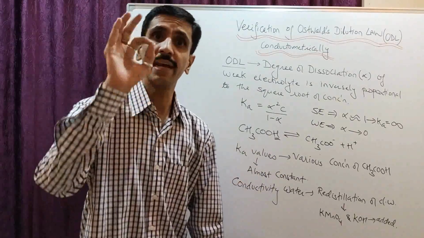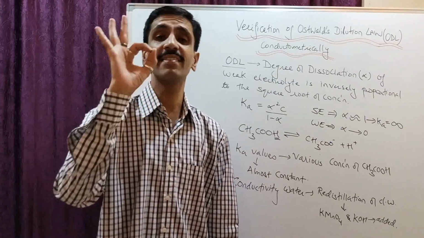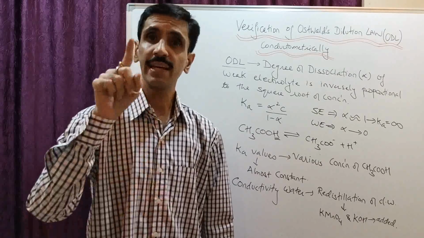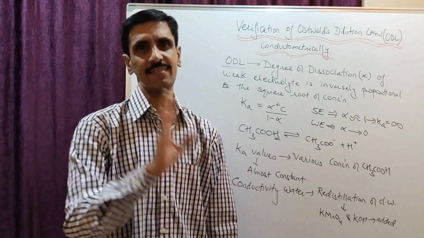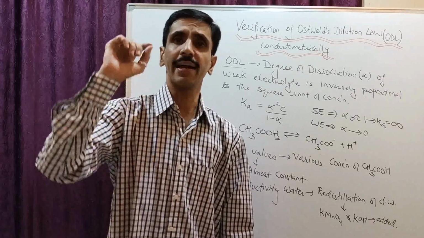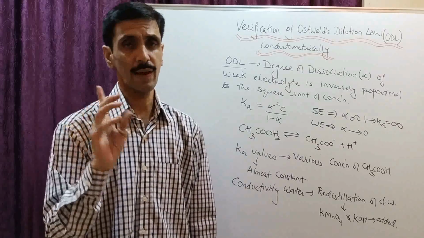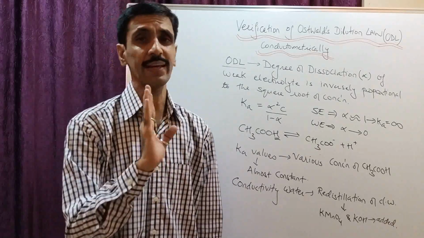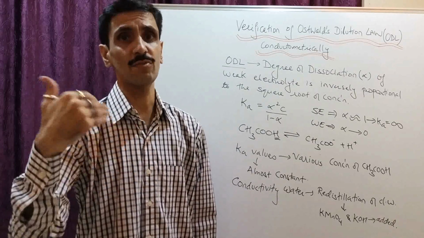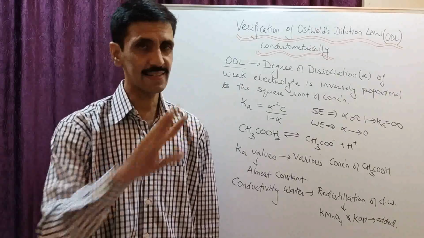But I never mean to say that in conductivity water it will be zero conductance. No, there will be, but the magnitude of that is very less. It will be of the order of 10 raised to minus 6, 10 raised to minus 7 Siemens. ये मैं आपको बताना चाहता हूँ. So please be very careful with this. Distilled water, of course, its contribution towards conductance is very high. Conductivity water is less, not zero.